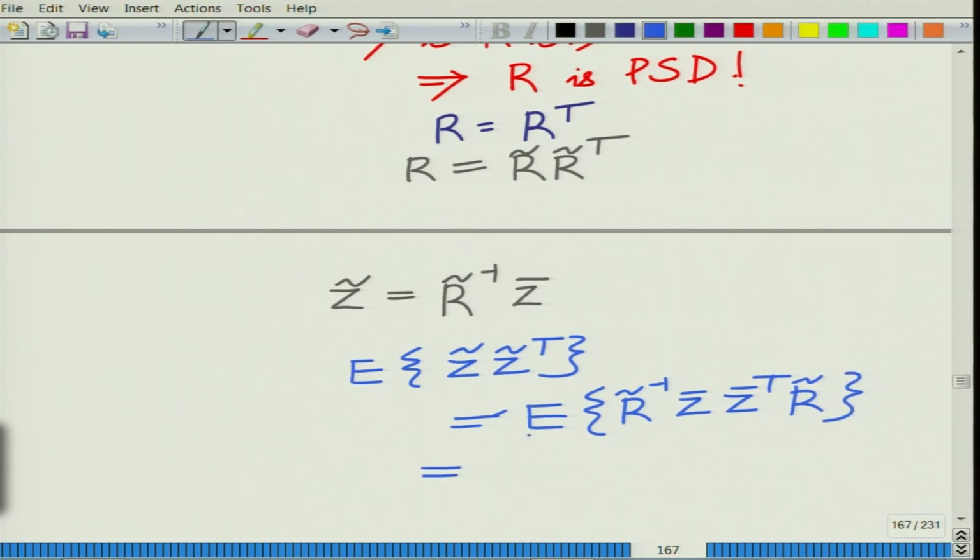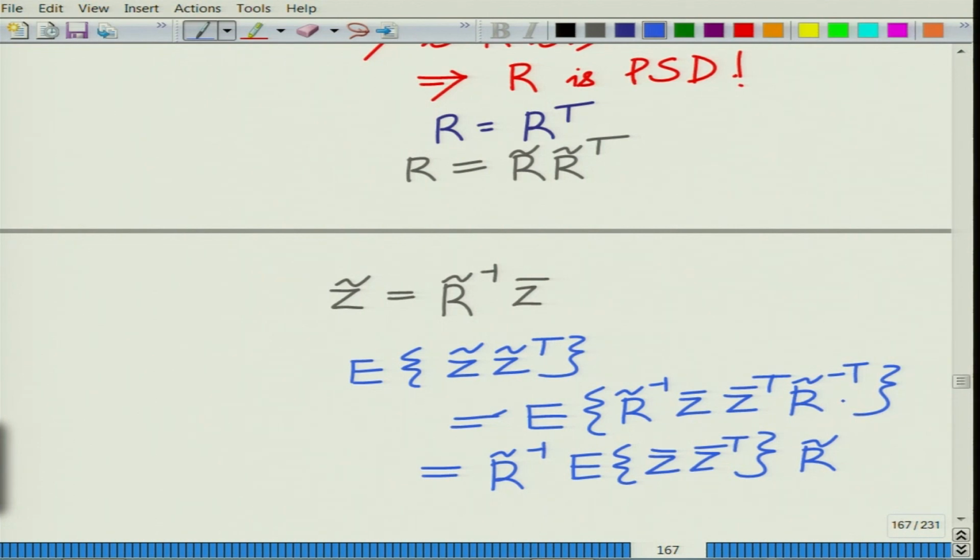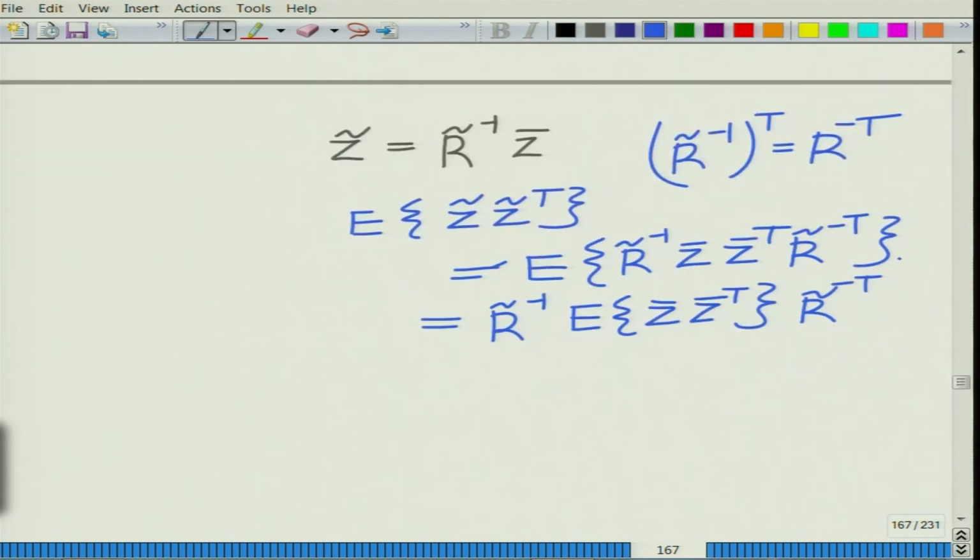Now if you take R tilde outside, this is R tilde inverse times the expected value of z bar z bar transpose times R tilde inverse transpose, which I am going to write as R tilde minus t.